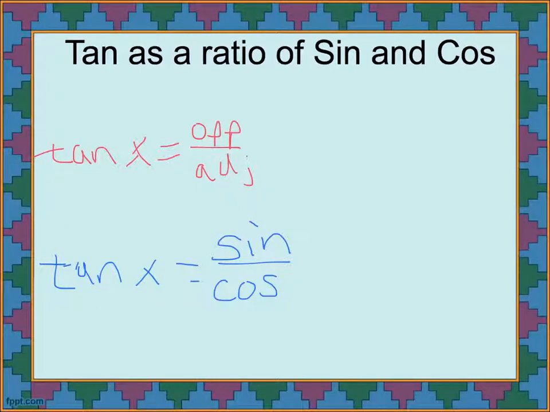So why is that true? Can you please write out what sine is and what cosine is, and let's see what we get here. Take a quick minute to do that.